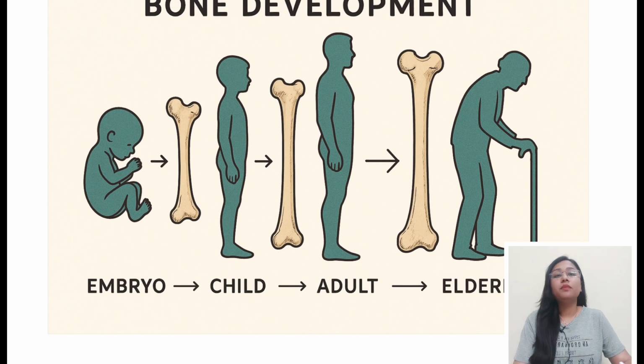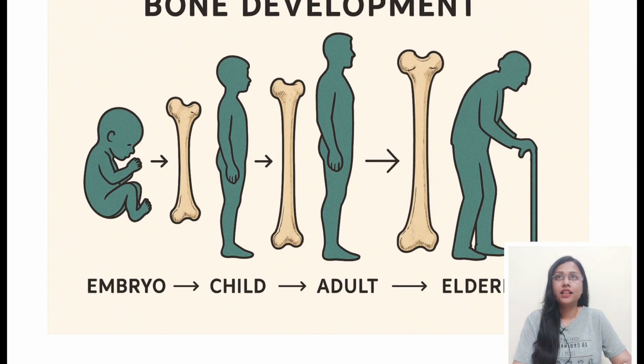When the development of bone starts, it starts from the very intrauterine life. We all know that there is a time of gastrulation, which is around 3 weeks, in which different germ layers are formed. From one of those germ layers, these bones are formed. The development of bone starts from the intrauterine life and continues throughout life.